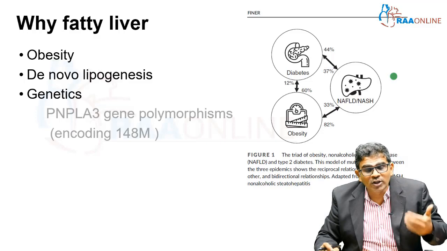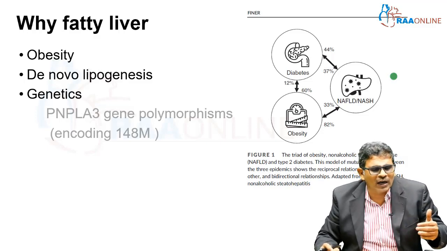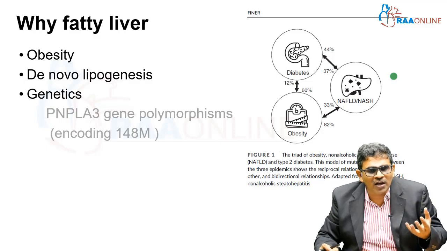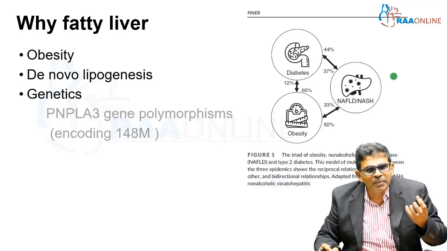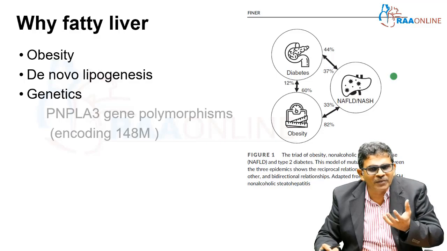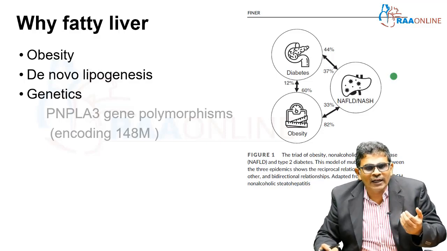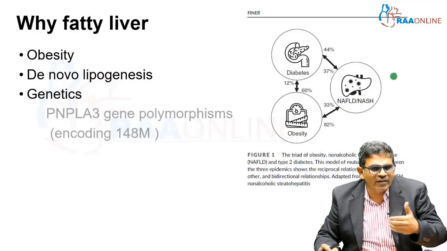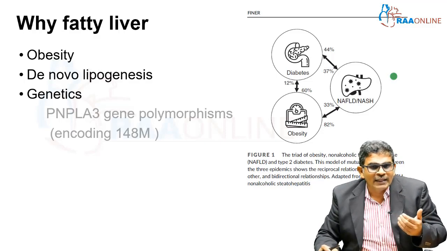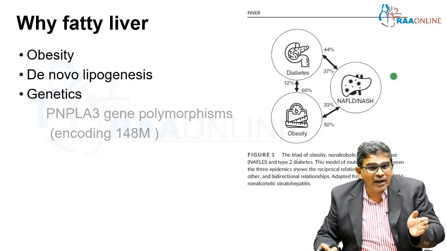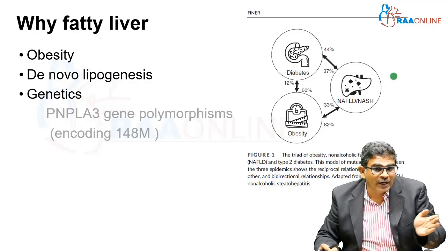Not only the genome-wide association studies, there was a meta-analysis published in the year 2012, which combined the data of about 16 studies. What they saw was that when patients had this PNPLA3 gene polymorphism, they were associated with a 70% increase in fatty liver.